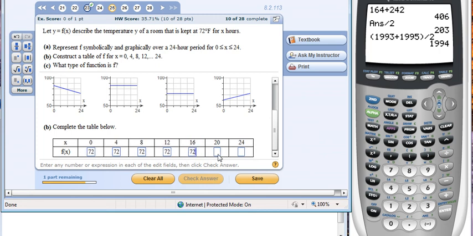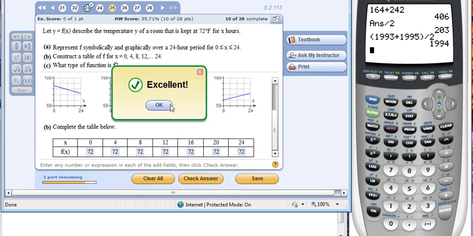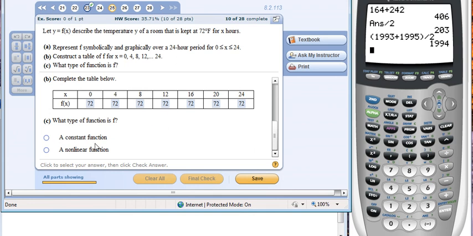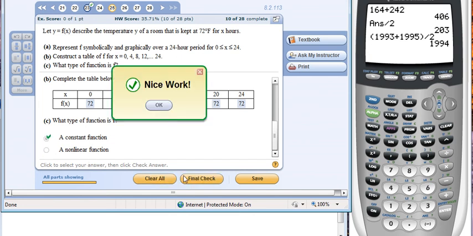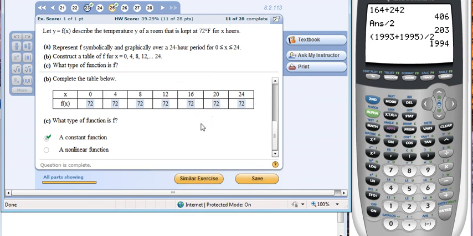We're not moving it. So no matter what hour, if you're between these x values, the temperature stays constant. Therefore, it is a constant function. A constant function is linear. So it's not a nonlinear function, but it's constant and linear. Excellent.